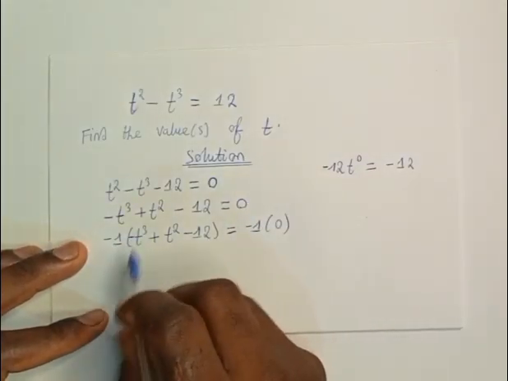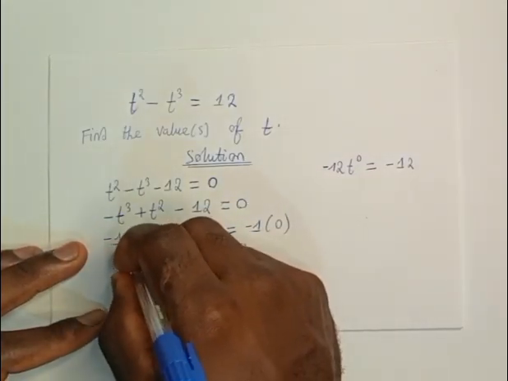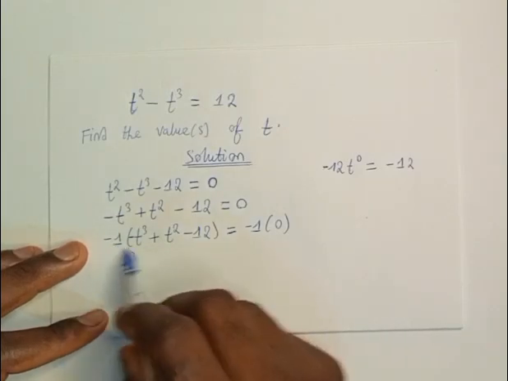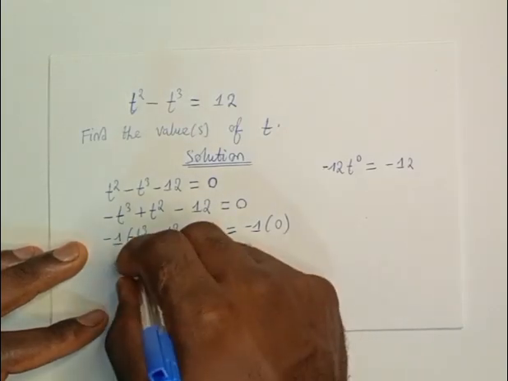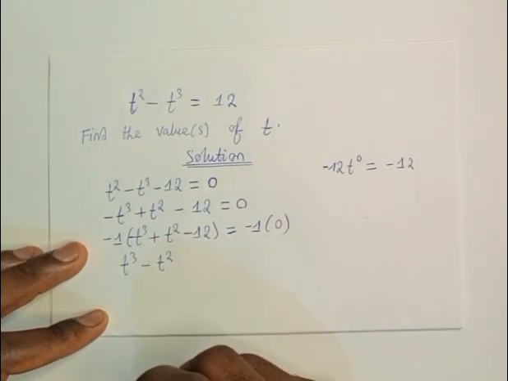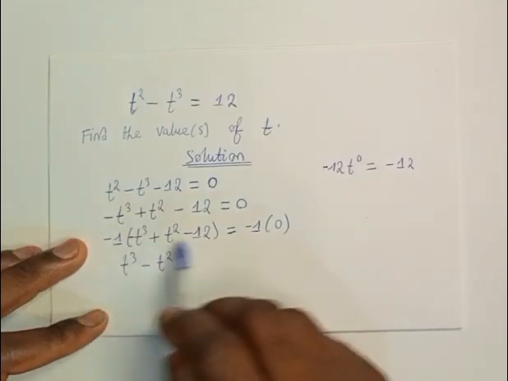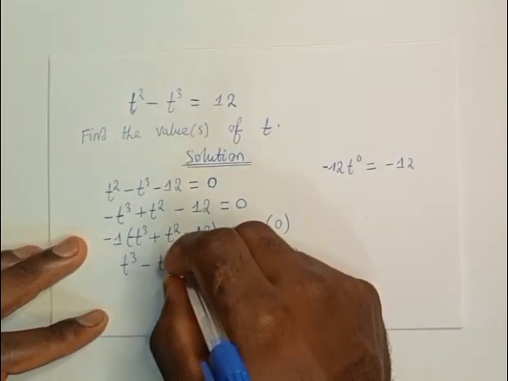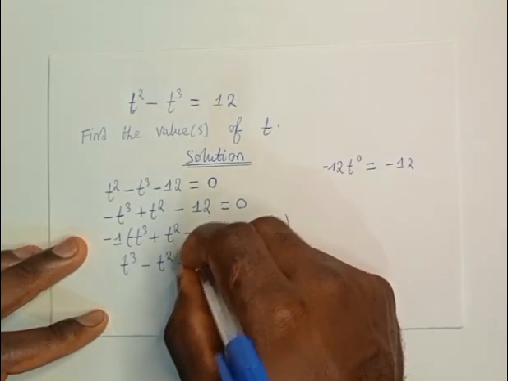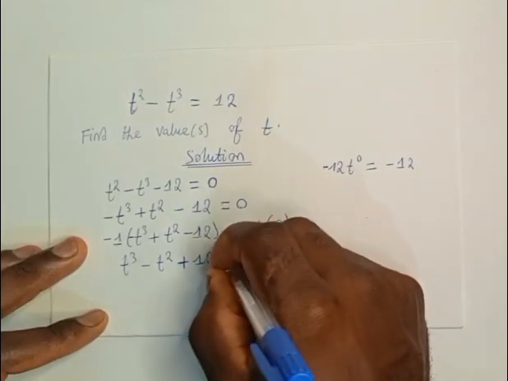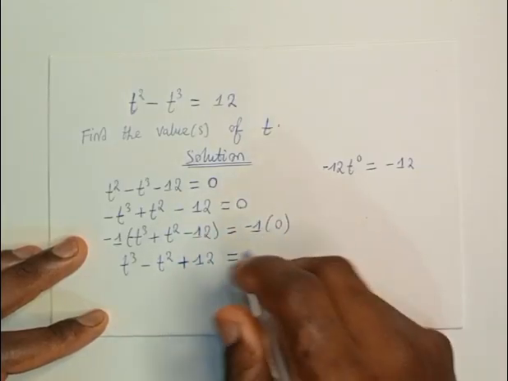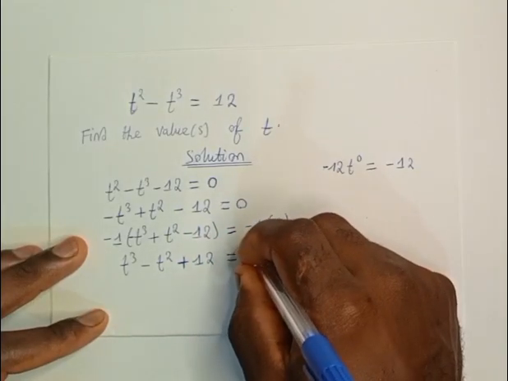Negative 1 times negative t cubed gives us t cubed. Negative 1 times t squared gives us negative t squared. Negative 1 times negative 12 gives us positive 12 is equal to negative 1 times 0 gives us 0.